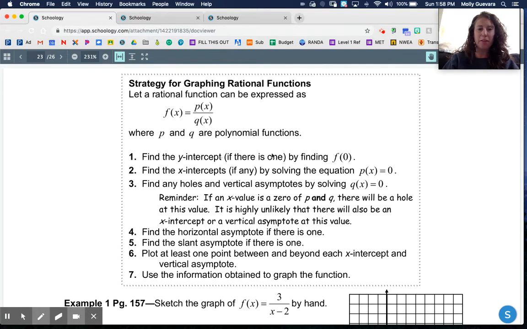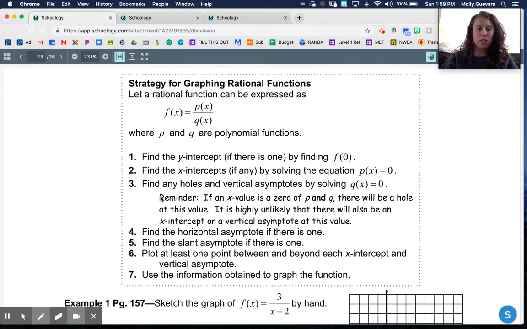First step is to find the y-intercept by plugging in 0, if there is one. If there's no y-intercept, that's fine. The second step is to find the x-intercepts by setting the top function equal to 0 and solving.